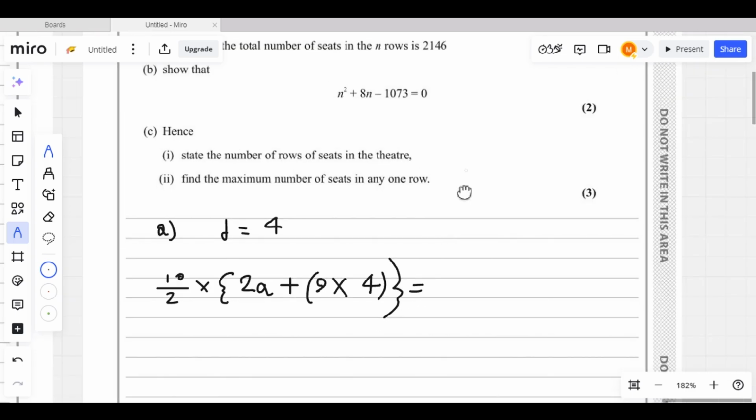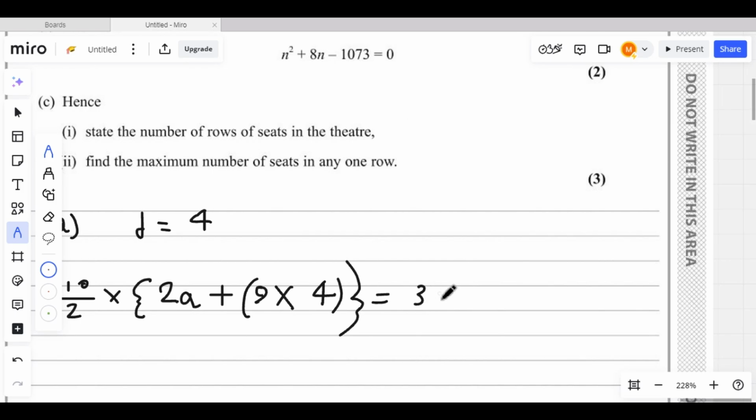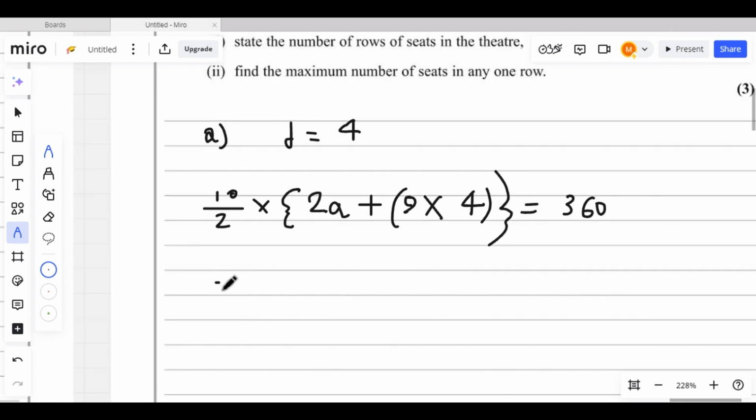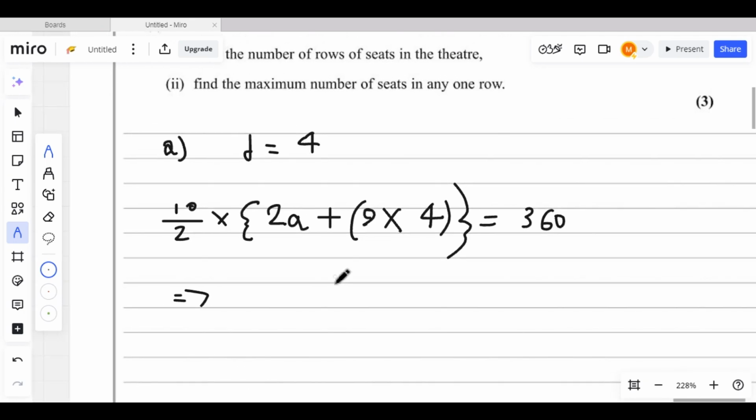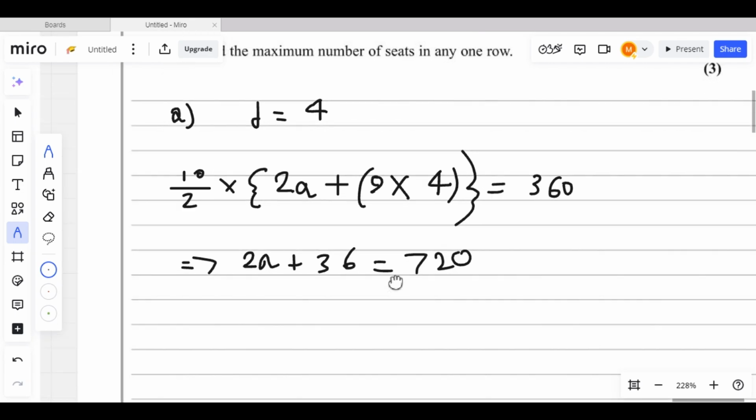This is equal to 360. So from there, find out the value of A. 2A plus 36 equals 720, so A would be 720 minus 36 over 2. This is 342. That's the value for A.